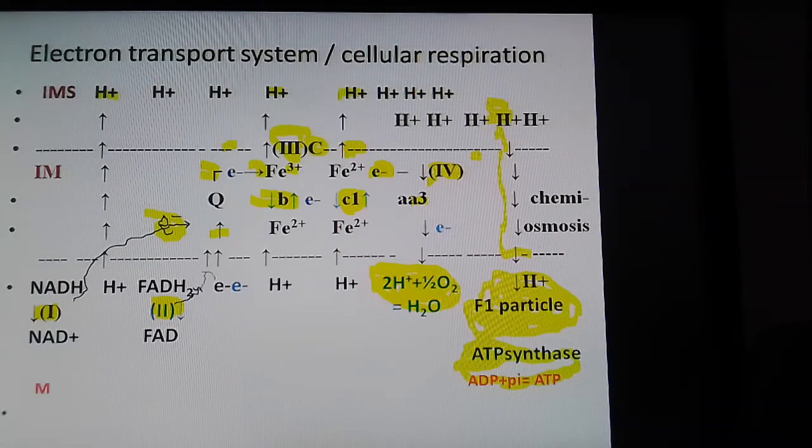Now here we have abbreviated the intermembrane space and inner membrane as well as the matrix by IMS.